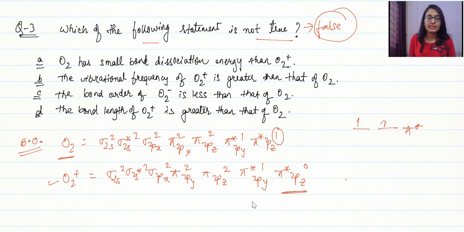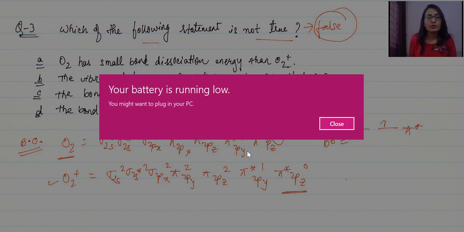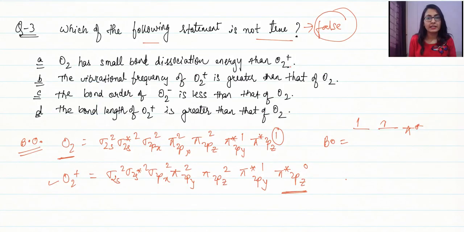Now, how do we find the bond order? To find the bond order, we take the number of bonding electrons minus the number of anti-bonding electrons, divided by 2. What is the number of bonding electrons in oxygen?